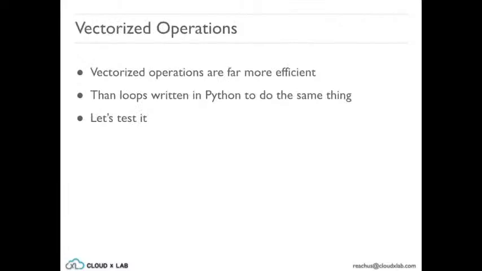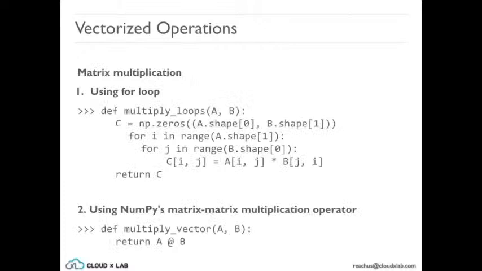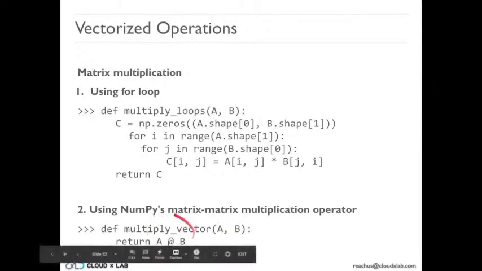Numpy functions, what we've called vectorized functions, are much more efficient than writing the same thing in Python. Now we will implement matrix multiplication in two methods: one by the normal matrix multiplication, and the second by using an inbuilt operator from Numpy.